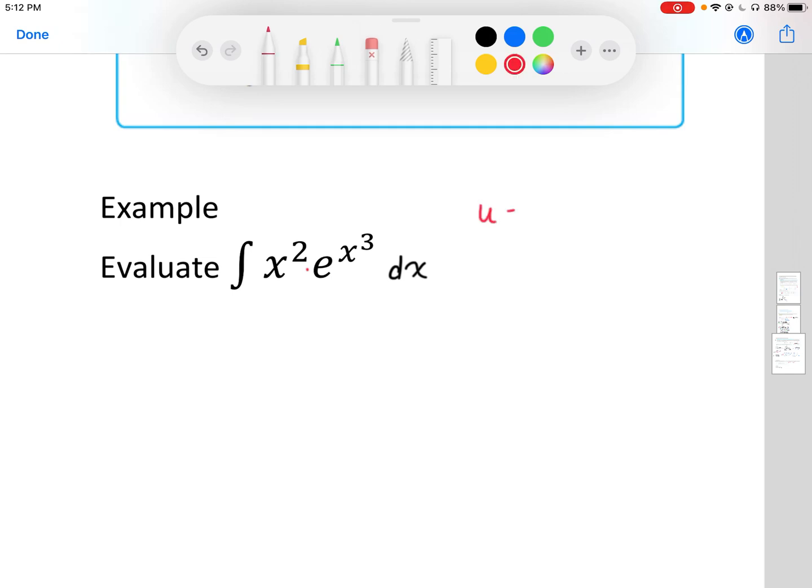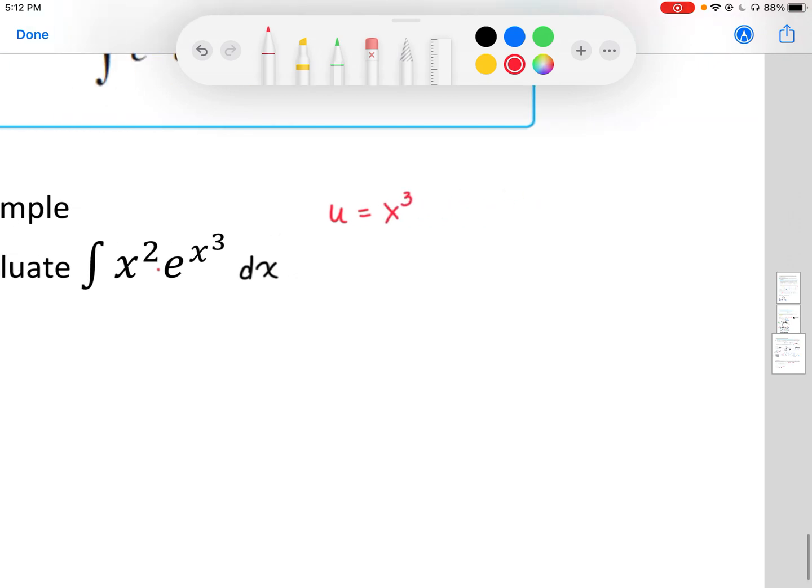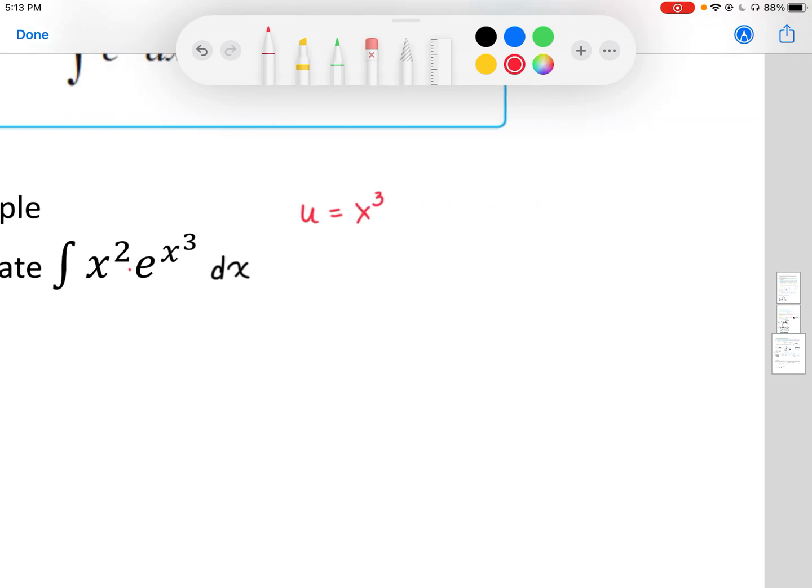So if we let u equal x cubed, we go ahead and take the derivative. du/dx equals 3x squared. Now this is just a helpful tool. It's not real, you can't treat it as a function, but as a fraction you can think of it as times dx.